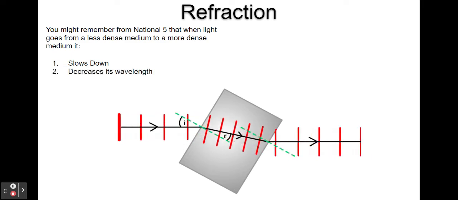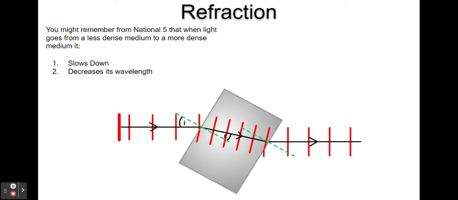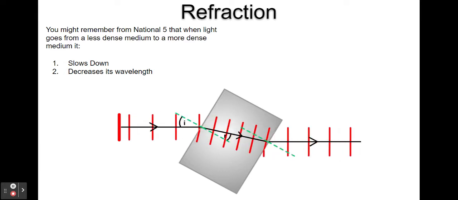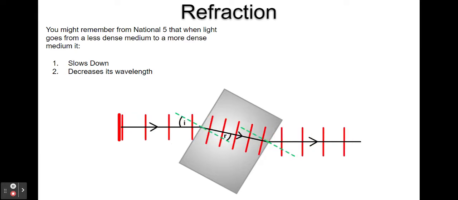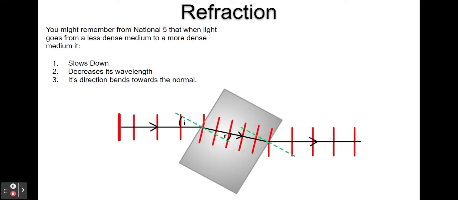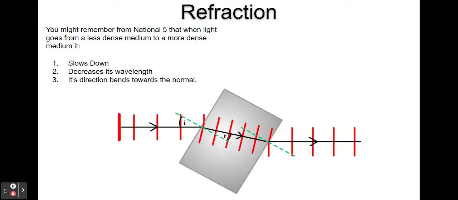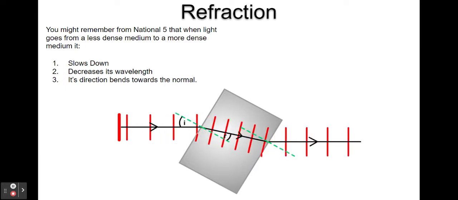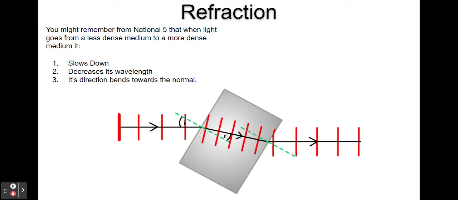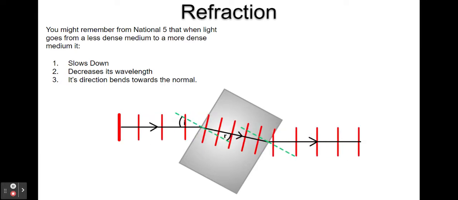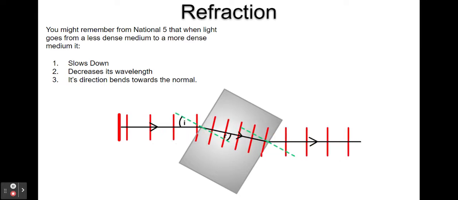Because one wave slows down, but the one behind it keeps going for a little while, it catches up, and therefore the wavelength decreases. Also, because the bottom bit of the wave is catching on the block first, it's almost as if it trips over and falls forward. So the direction of the beam changes as well, and it bends towards the normal.